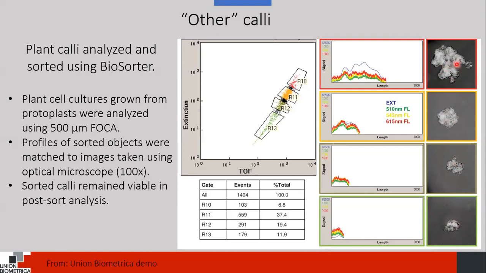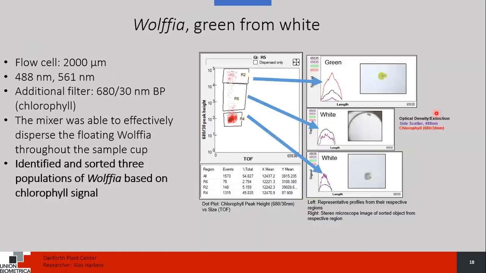Or have multiple promoters that are reflective of different physiological states, and take a look at how those are being turned on with respect to size and other growth conditions.